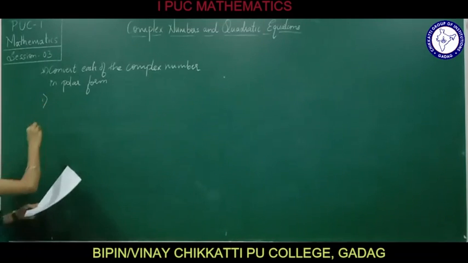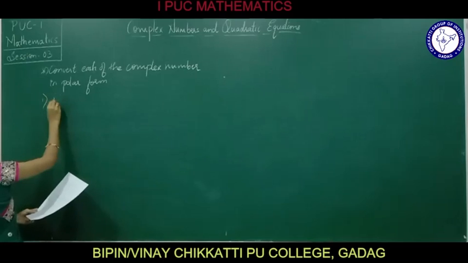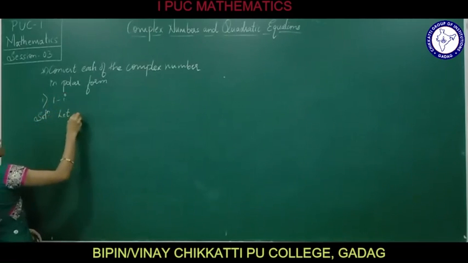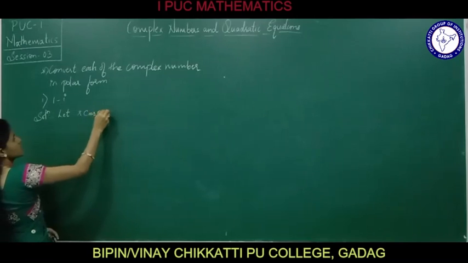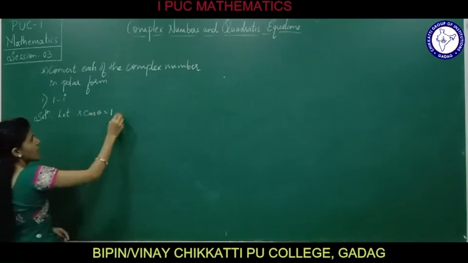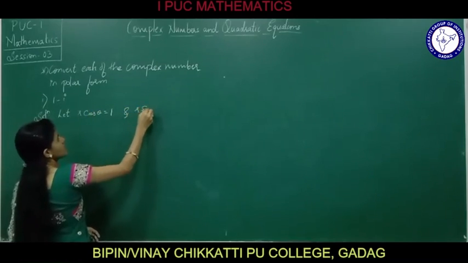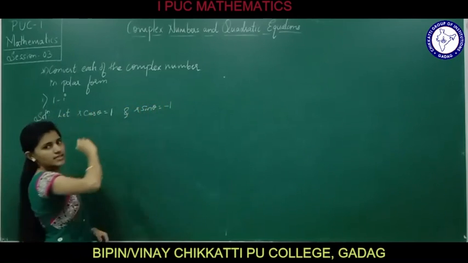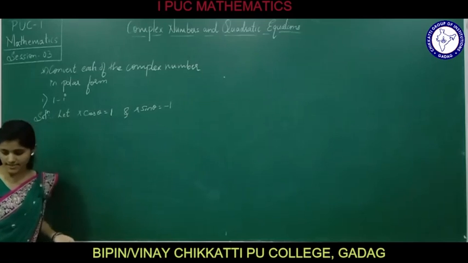Among that, the first one is 1 minus i. The same way as we have done the previous problem, let r cos theta be equal to 1 and r sin theta, what will be its value? It is going to be minus 1. What is our next step?